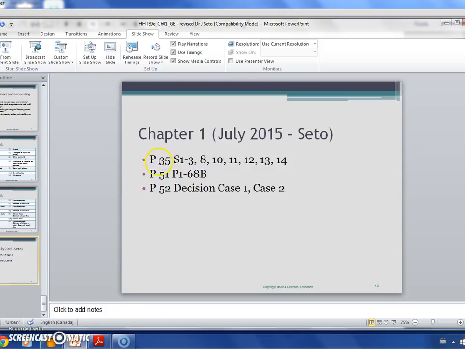Do them in the order of, like, these are skill problems, then go into preparing these different financial statements, and there's a sort of summary case. And then use these two as a way to extend the knowledge. And I think that this gives you plenty of practice for making sure that you understand what's going on in Chapter 1.